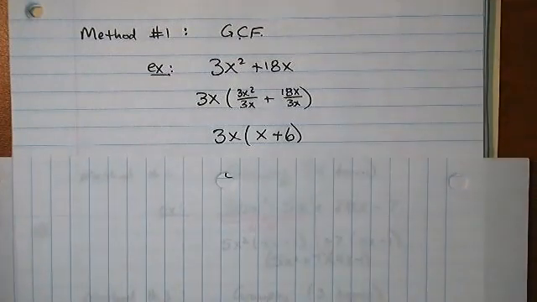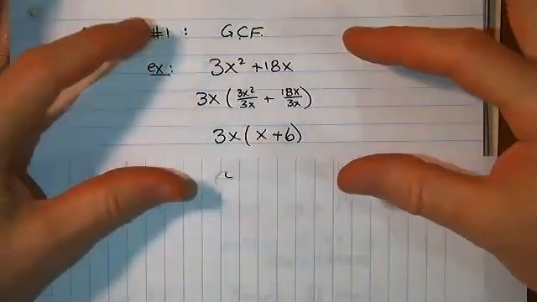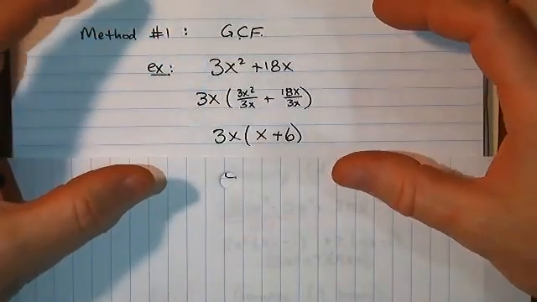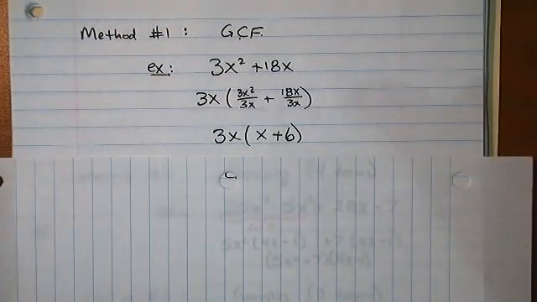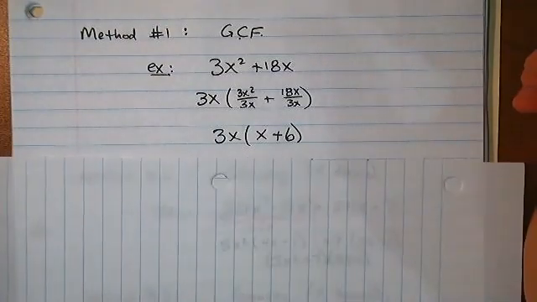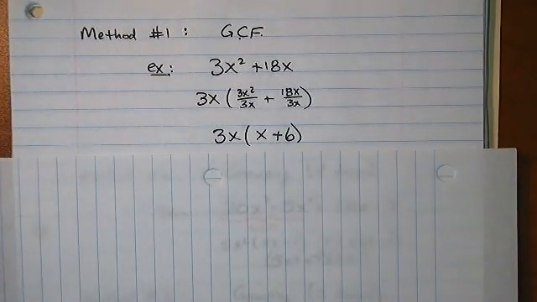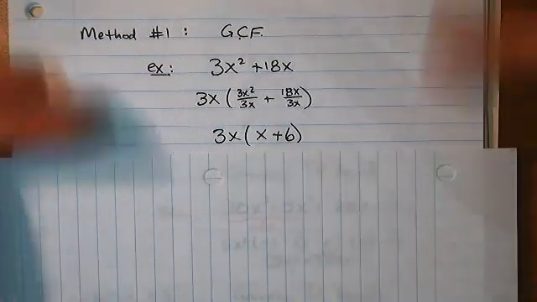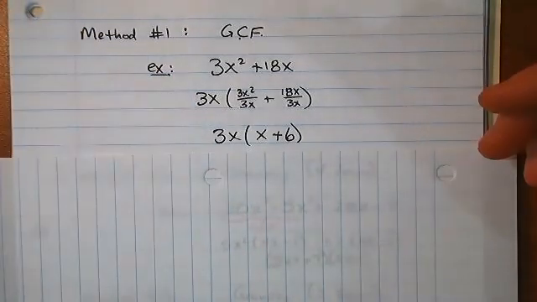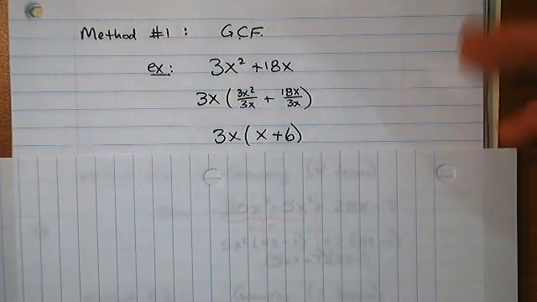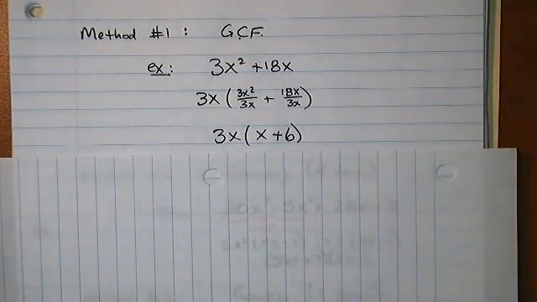And at this point in our class, with what we have learned so far, I'm going to call this kind of our catch-all method. As we go through and we look at all the other methods, you're going to see there's specific situations that tell you when to use those methods. But for this, it's a little bit haphazard and slightly random. It's possible that you could use it regardless of the number of terms or regardless of whether there's plus signs or minus signs.